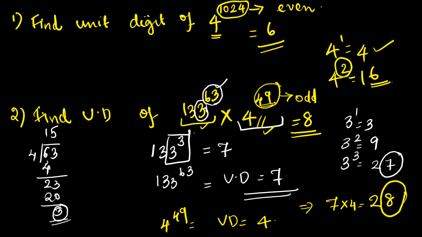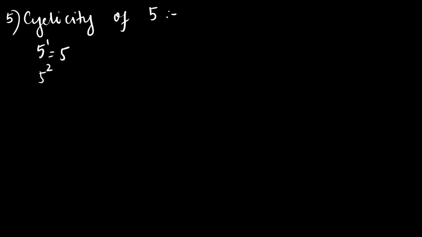This is how we find the unit digit using the cyclicity concept. Next we'll see the cyclicity of 5. 5 raised to 1 is 5, 5 raised to 2 is 25, 5 cubed is 125, 5 raised to 4 is 625.